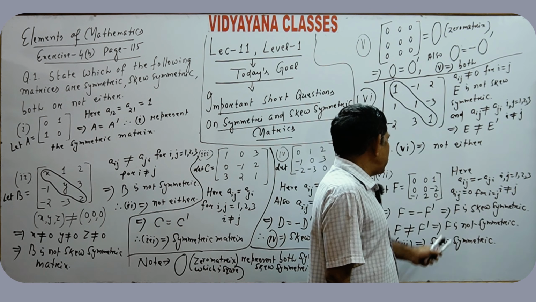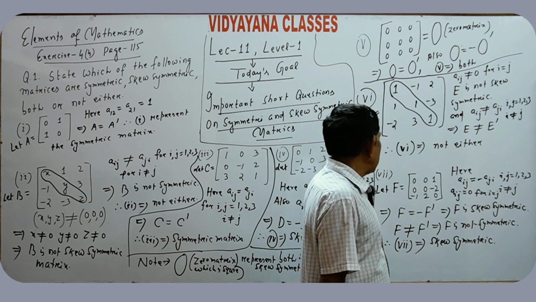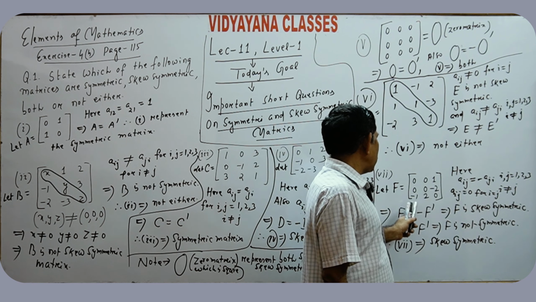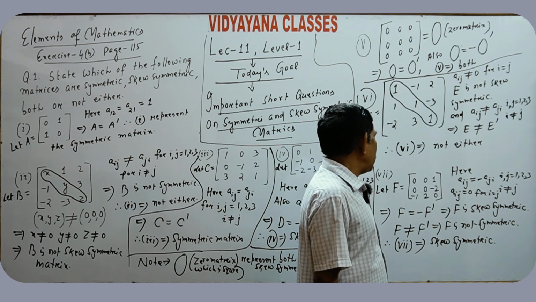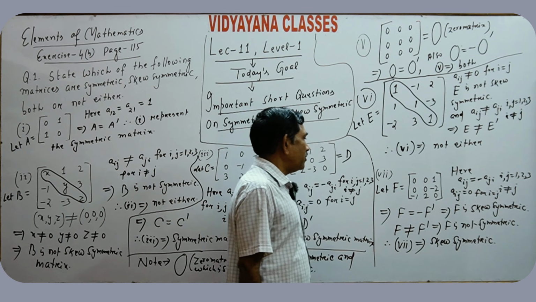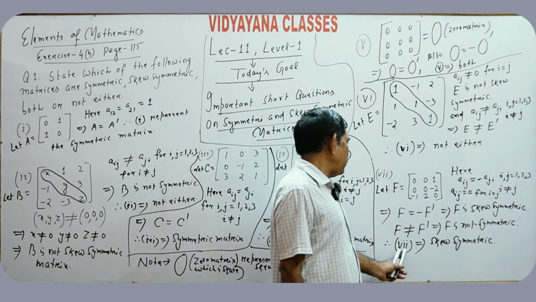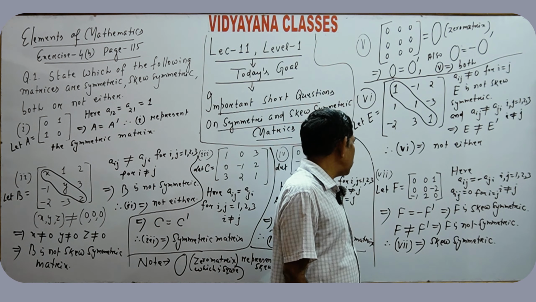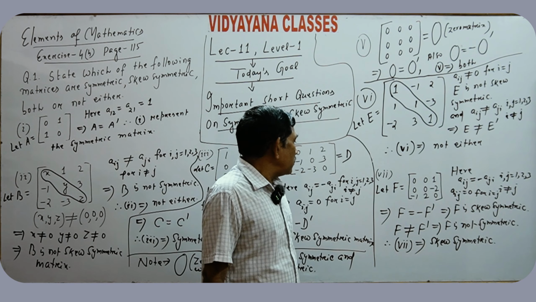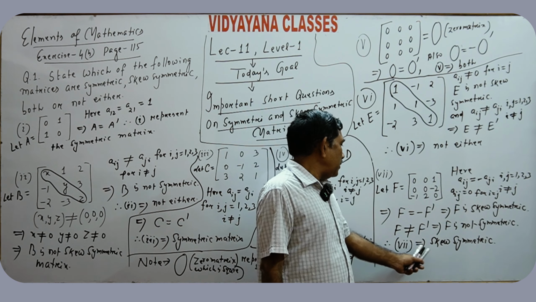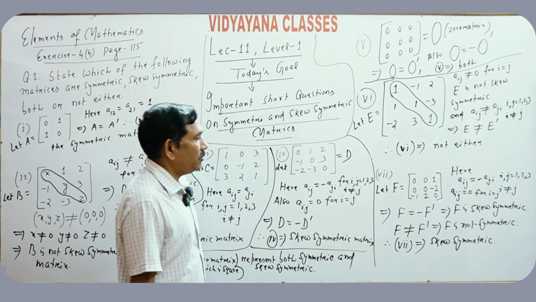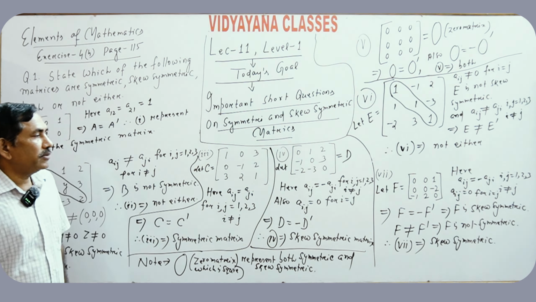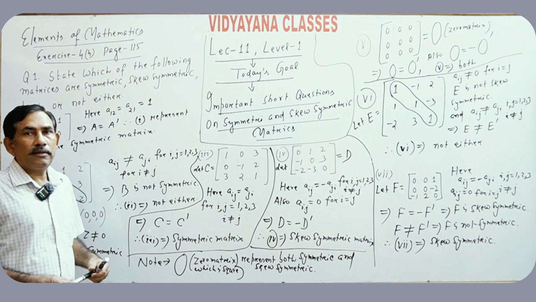So F is skew symmetric. A13 is not equal to A31, that means F is not equal to F transpose. F is not symmetric. Therefore, the seventh bit is skew symmetric. It satisfies only the definition of skew symmetric. Clear?